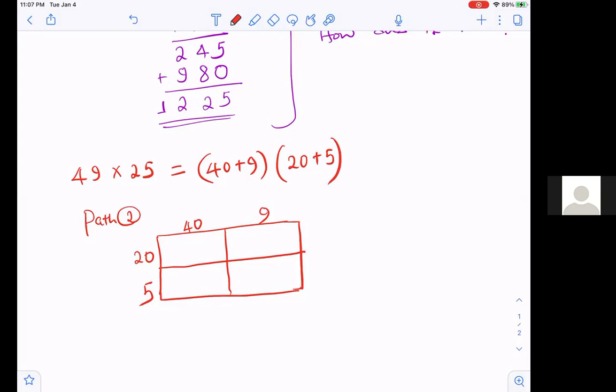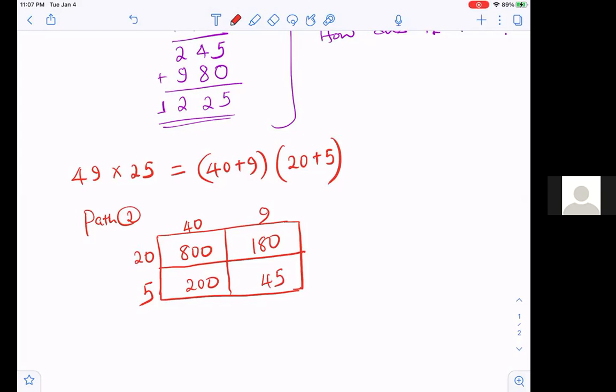For this little section here, we are going to have the partial product for 40 times 20, and that is going to be 800. The other little sections here, we are going to have 20 times 9, which is 180, 40 times 5, which is 200, and 5 times 9, which is 45.